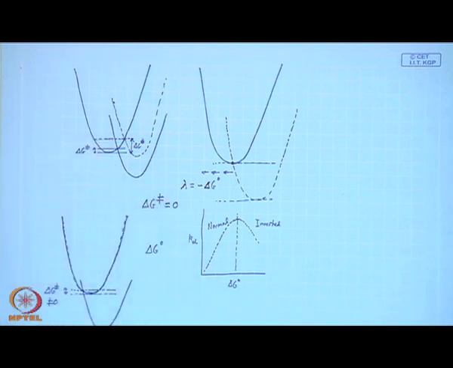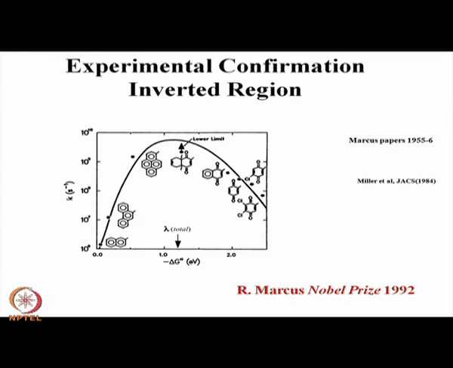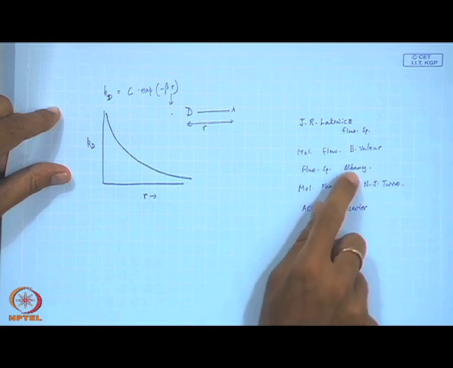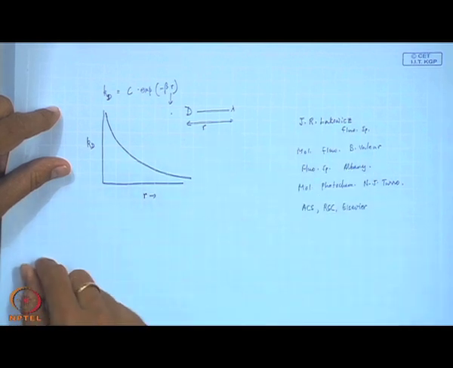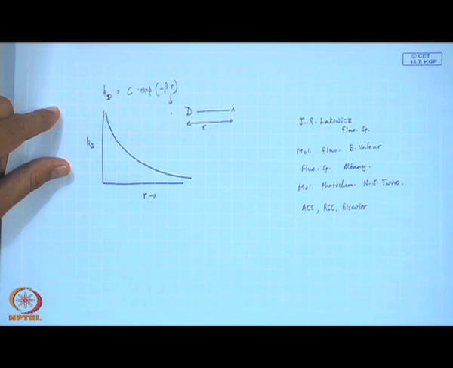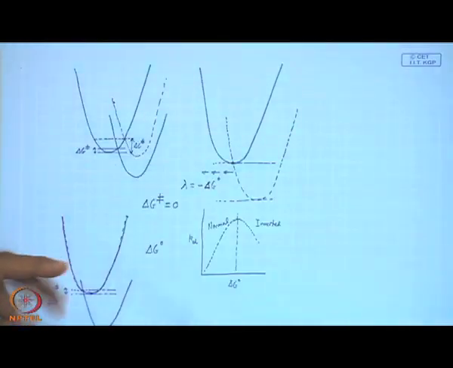If you want to know more, you can read Marcus's papers from 1955, 56, and also Miller's paper from 1984. For more information, you can also read some standard textbooks which I have already told you: Lakowicz, Bernard Valeur, Balzani, and Nicholas J. Turro. These four books will be nice to start with regarding electron transfer reactions and Marcus theory.